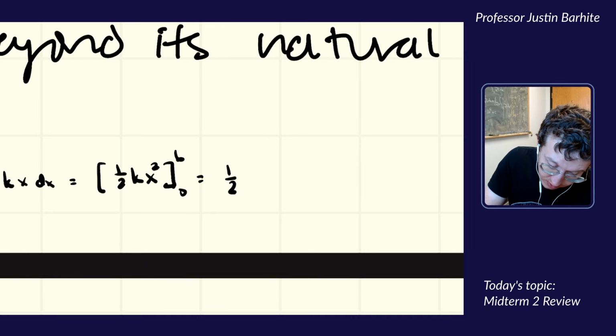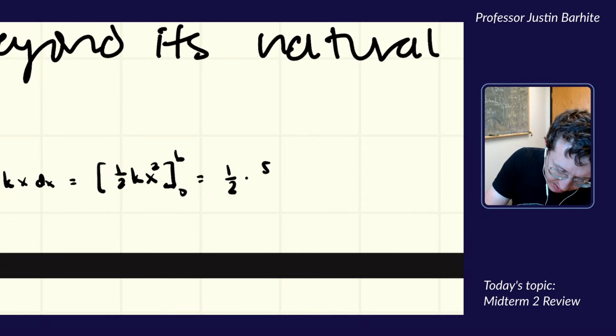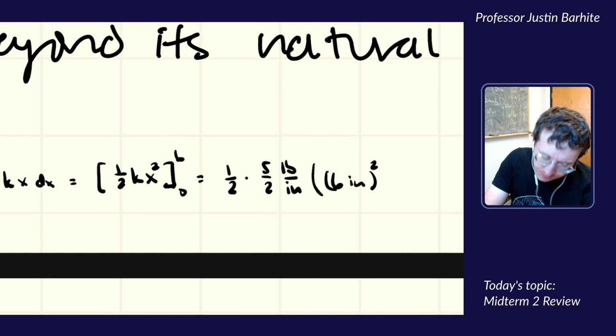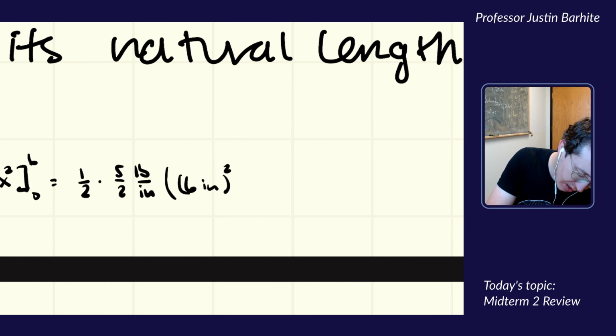Let's see. And now we substitute in. k was 5/2 pounds per inch. And I'm substituting in, I guess I should probably actually include units.